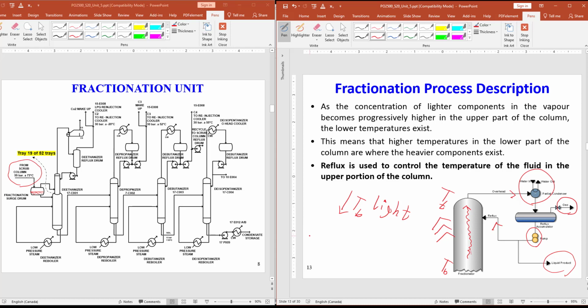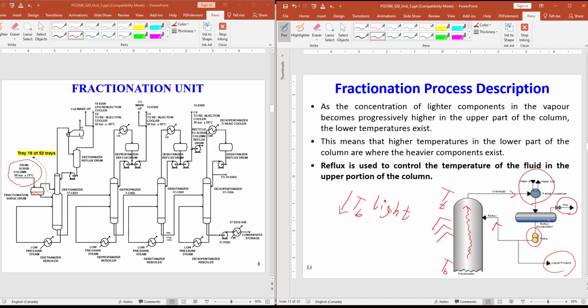So if we change this reflux, changing reflux means different condenser load. Different condenser load means we create either more liquid or less liquid.